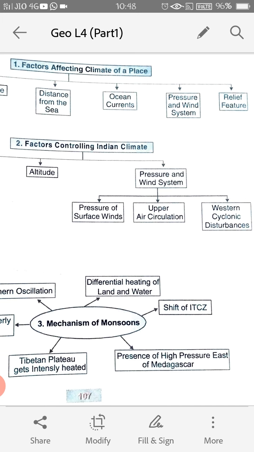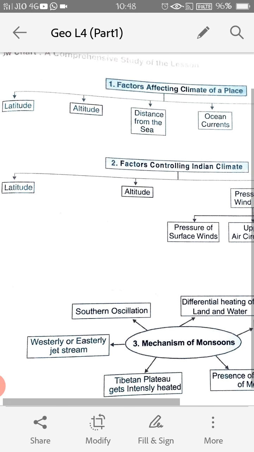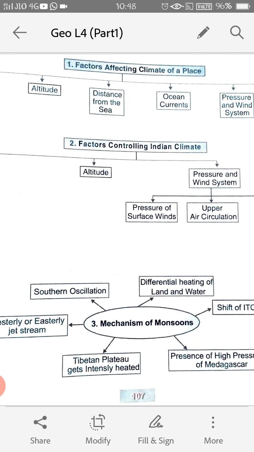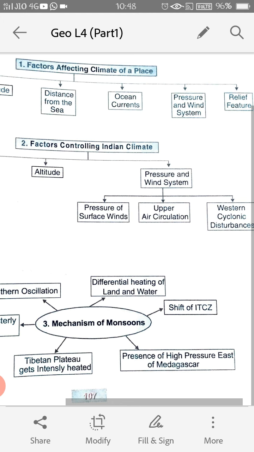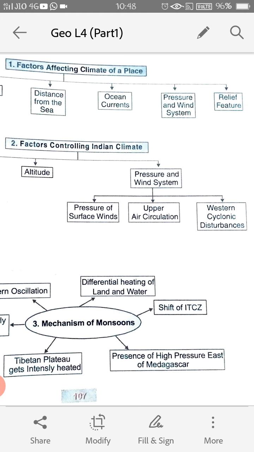These are the main factors, and the pressure and wind system is further divided into pressure of surface winds and upper air circulation. Western cyclonic disturbances are winds which come from the western side. Along with them they bring moisture and cause rainfall throughout the country.